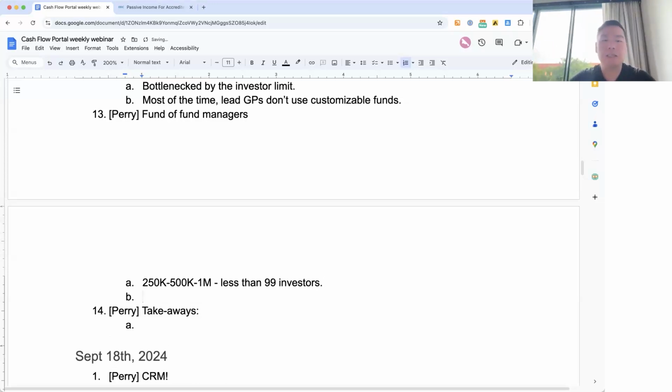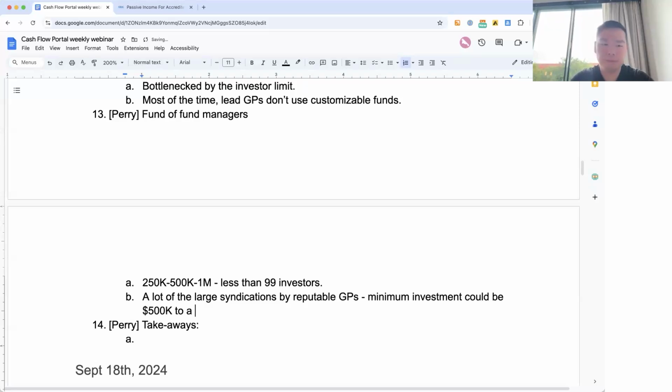And the other thing is a lot of the large groups, large syndications by reputable GPs, the minimum investment could be 500K to a million. It's certainly the case, as Paul mentioned, for venture capital. Just a minimum check size is 500K, take it or leave it.